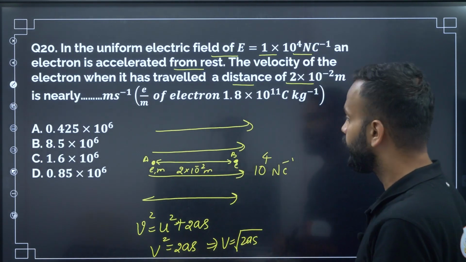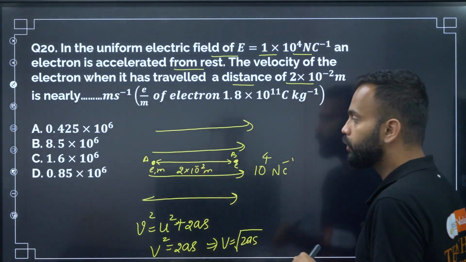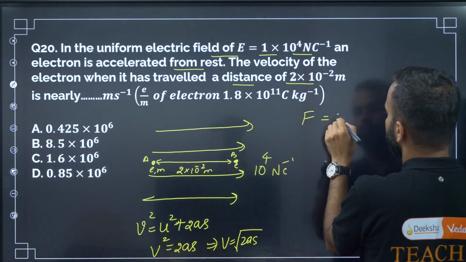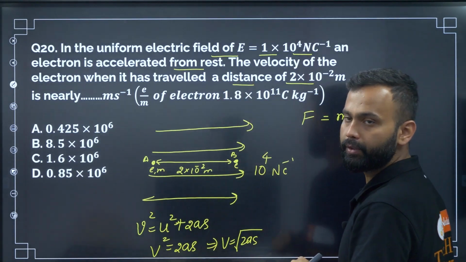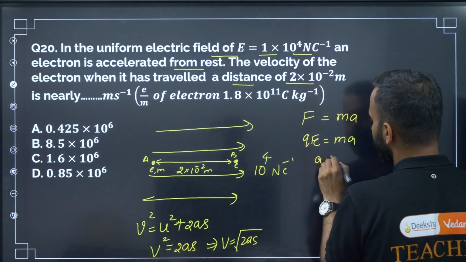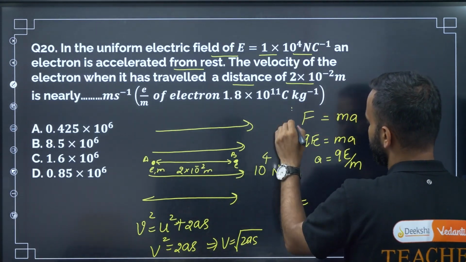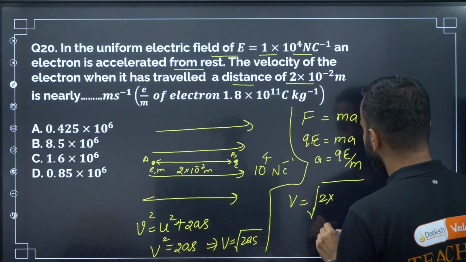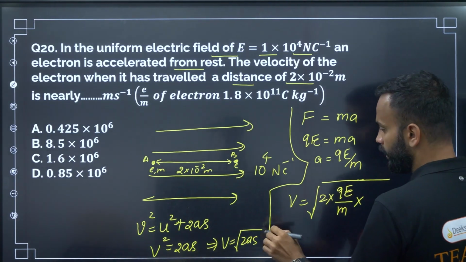Now let us find a, that is the acceleration of the electron when it has travelled the distance 2 into 10 to the power minus 2 meter. So the electron got accelerated, right? So F equal to m into a, Newton's second law of motion. F is the electric force, so qE equal to m into a. So now a equal to qE by m. So now velocity v is equal to root of 2 into a, where a is q into E divided by m, into s.